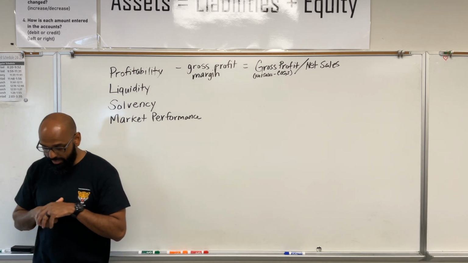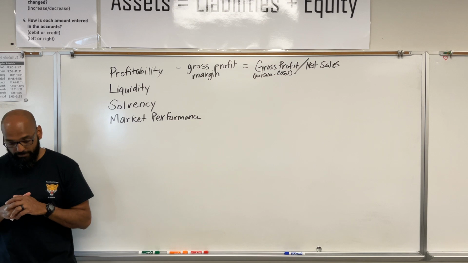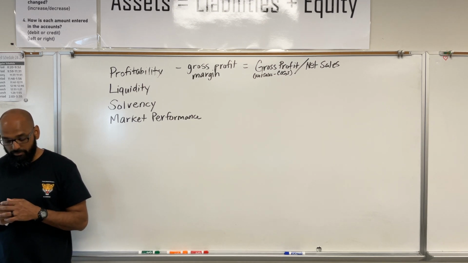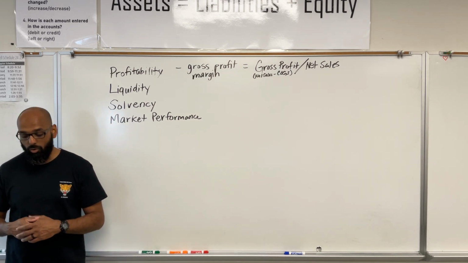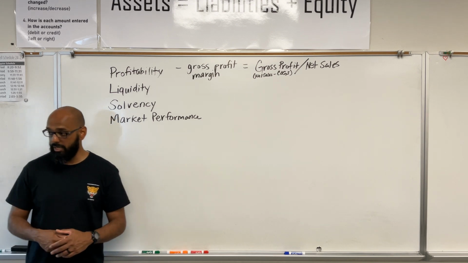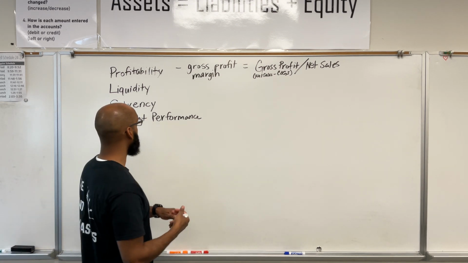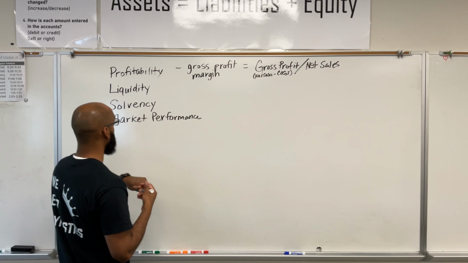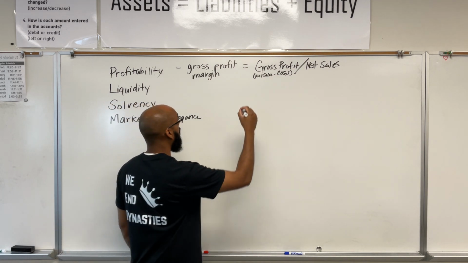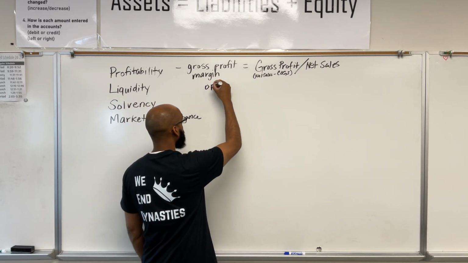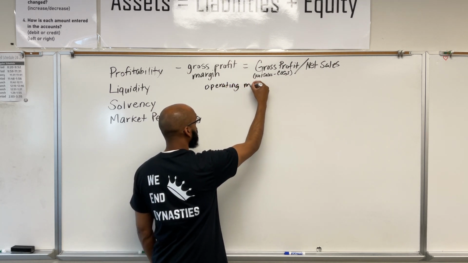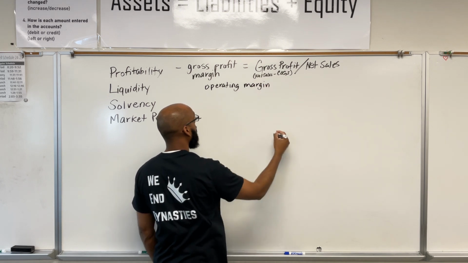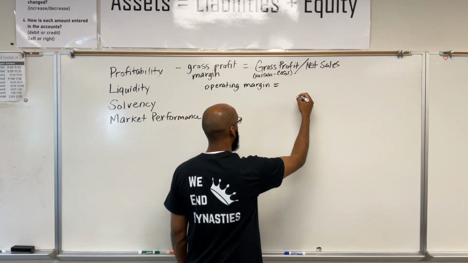All right, and then you have your operating margin, and your operating margin accounts for those operating expenses like utilities or salaries or rent, right? And so the operating margin is also a profitability margin, but it accounts for operating expenses.